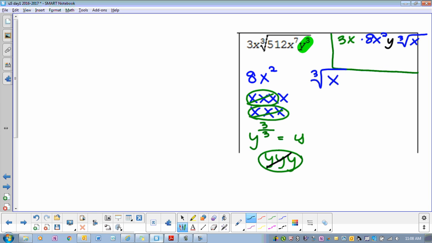Now, my answer box is really cluttered right now, right? I don't need 2 x's, and I don't need 2 numbers. They should be multiplied. I should just have 1 of each. So, take just the numbers and let's multiply them. What's 3 times 8? 24. And let's count how many x's we have. X, and we have 2 x's. How many do we have total? 1, 2, 3.